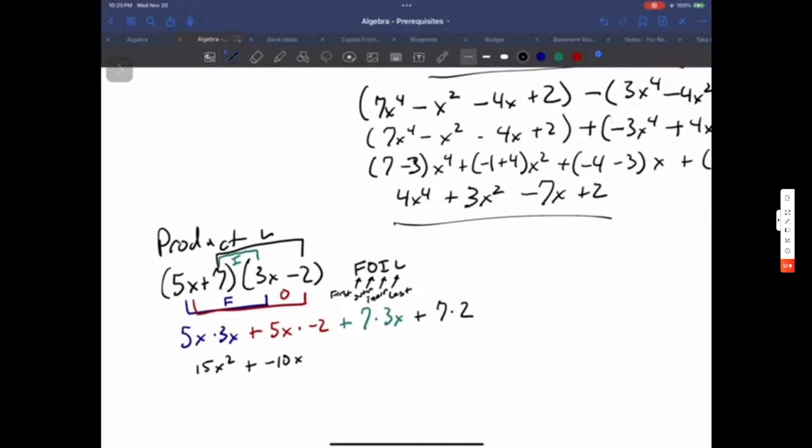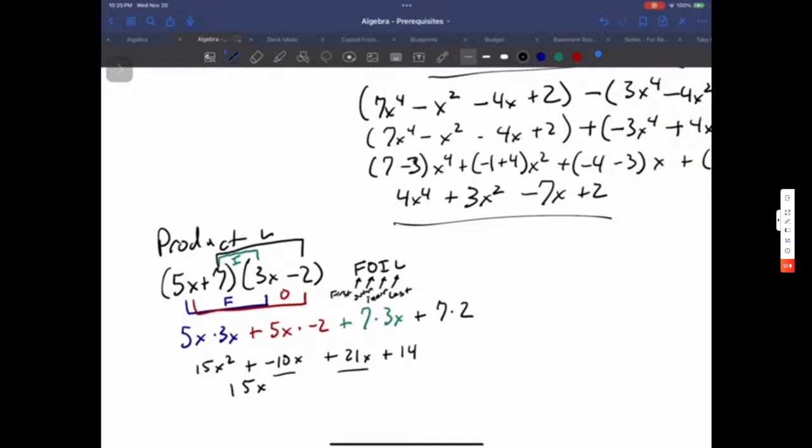And then we have plus 7 times 3, 21, times x times 1, which is x, plus 7 times 2, which is 14. You'll notice that with the FOIL method, a first degree polynomial times a first degree polynomial will result in two inner terms that are both in x. So you can add those together and simplify further.